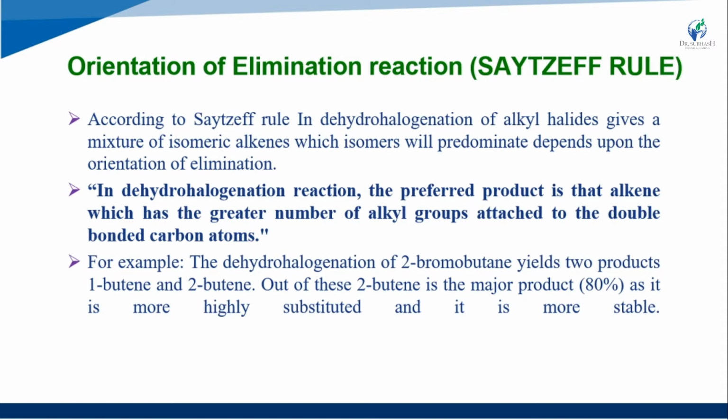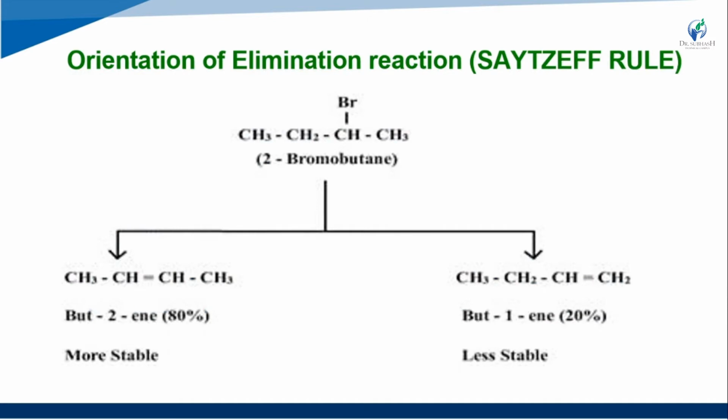So 2-bromobutane yields two isomeric products, 1-butene and 2-butene. 2-butene is the major product, with a yield of around 80%, because it is the more highly substituted and more stable alkene. This is an example of the elimination reaction according to the Saytzeff rule. 1-butene yields around 20%. So 2-butene is more stable than 1-butene.